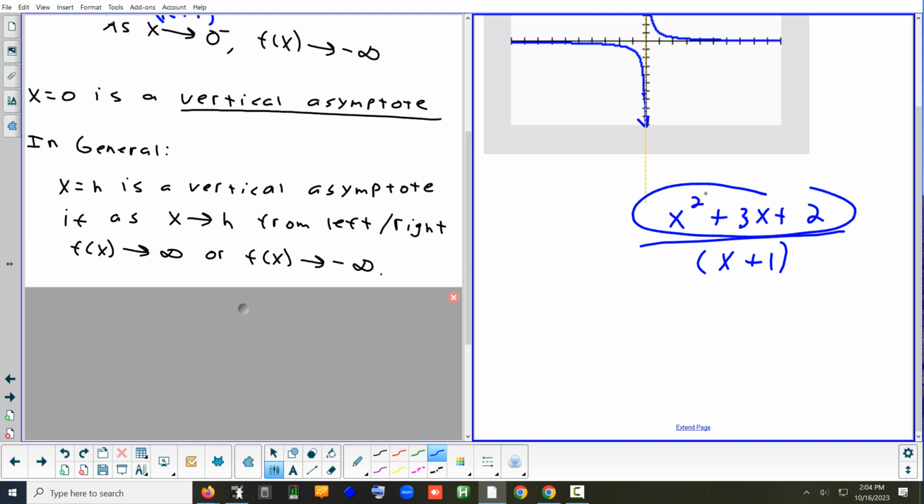We talked about this a little earlier. What can you do with something that looks like this to make it easier to look at, easier to work with? Factor. You can factor. And does anybody know how the top would factor?